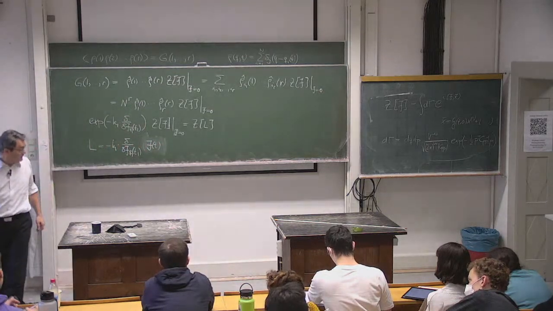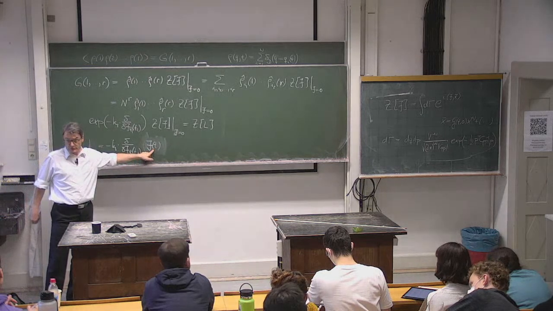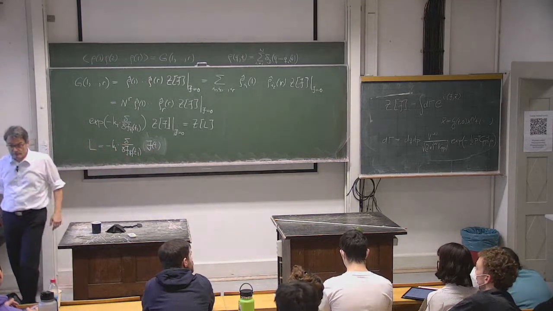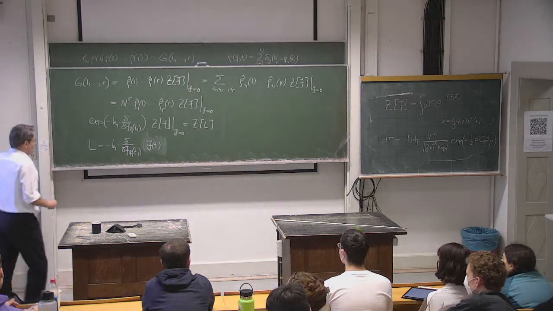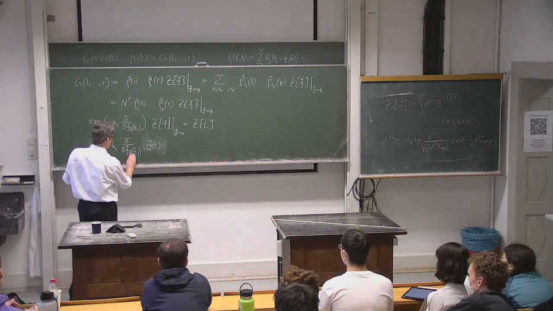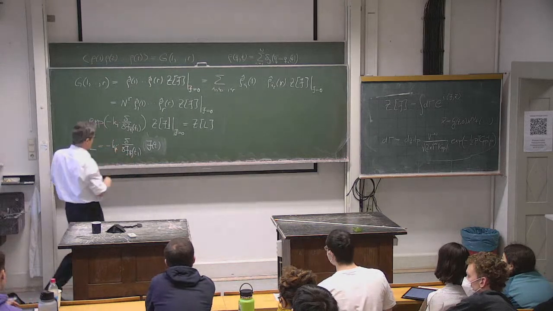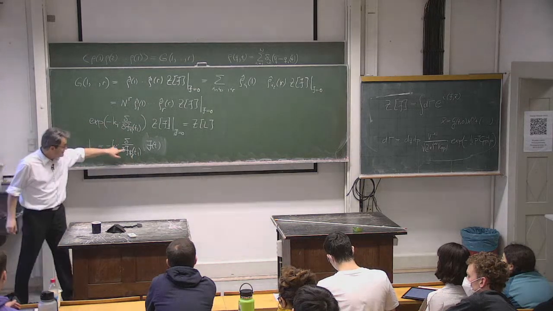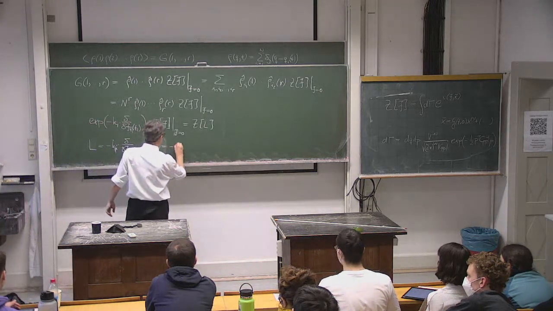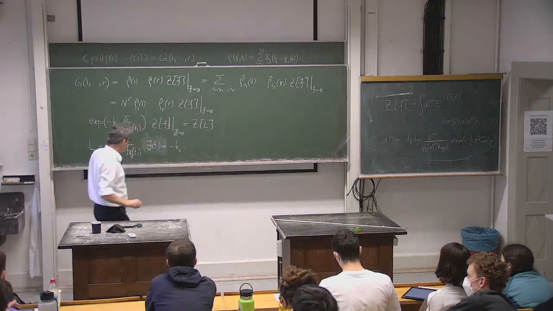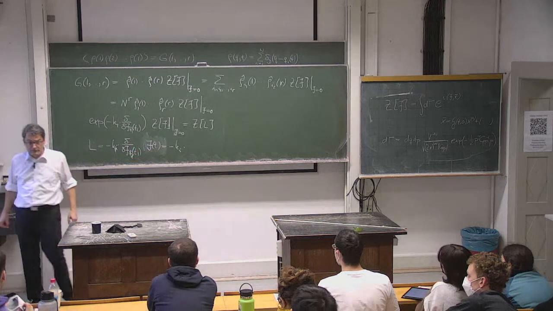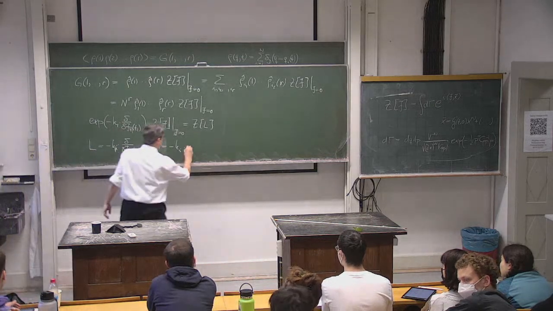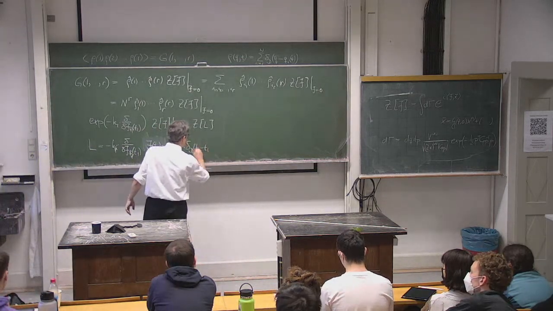Or if I want to have the shift alone, I would have to take the functional derivative of the source field J of some general time t with respect to these components here. Now let me generalize this and say, okay, I'm going to apply this for particle I, and now I need to take this functional derivative here. It's going to be minus ki times. First I have to take the functional derivative of j of t with respect to j of t1. That's going to give me a delta distribution in t minus t1.